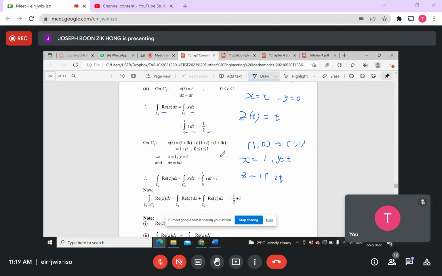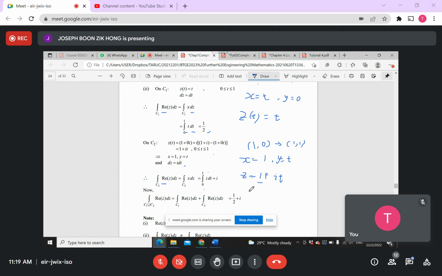So the rest will be the same. You differentiate it, and then your t is still 0 to 1. And then what is your real part? Because it's still real part, the real part is 1.